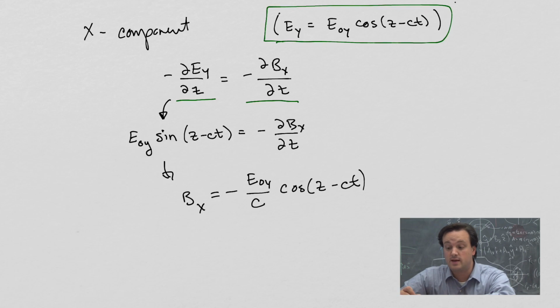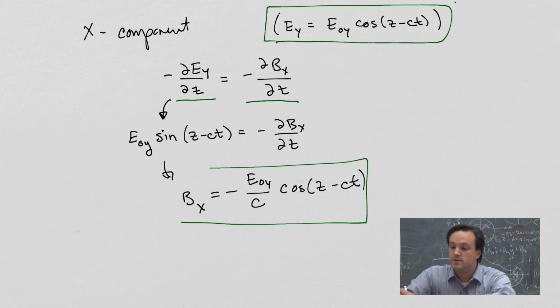I have a minus sign that comes from the antiderivative of sine, and I have a minus sign that comes from the u substitution for u equals ct. So three minus signs make a minus sign. So Bx is equal to minus E naught y over c times cosine of z minus ct.